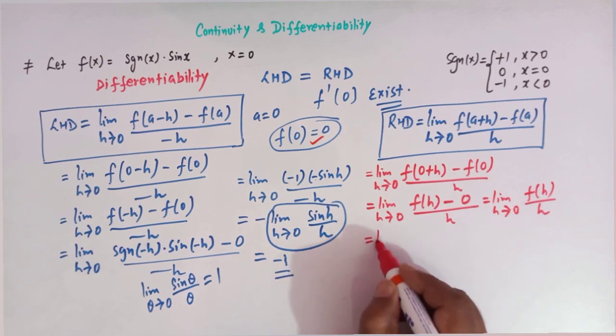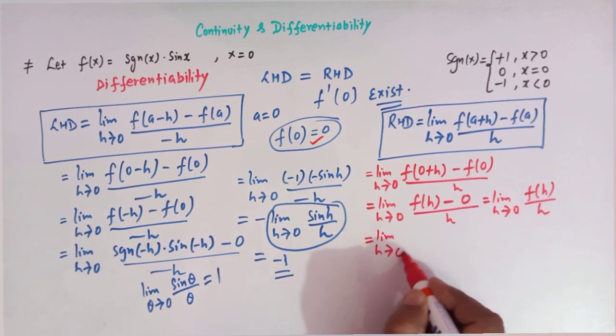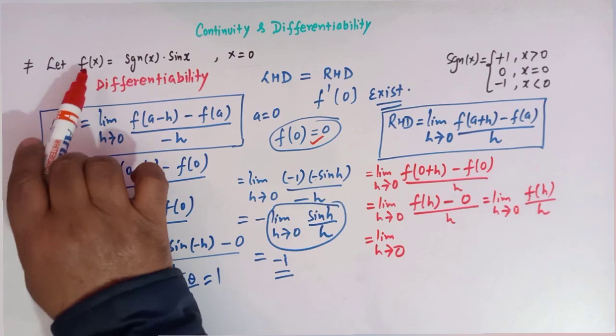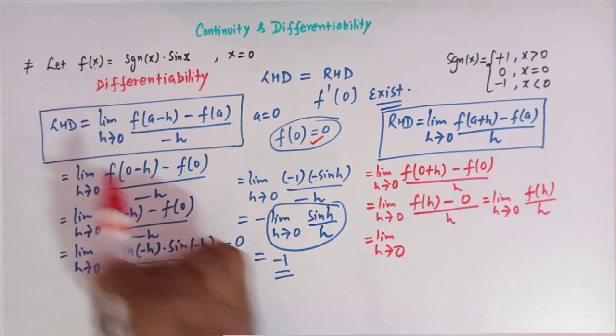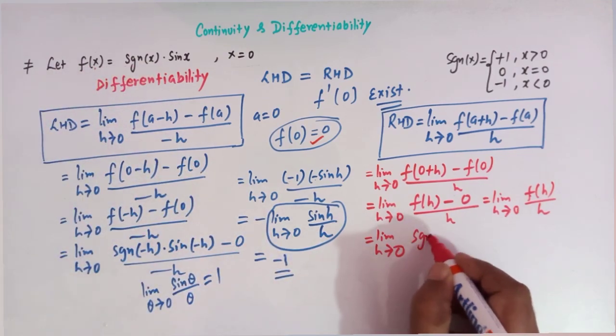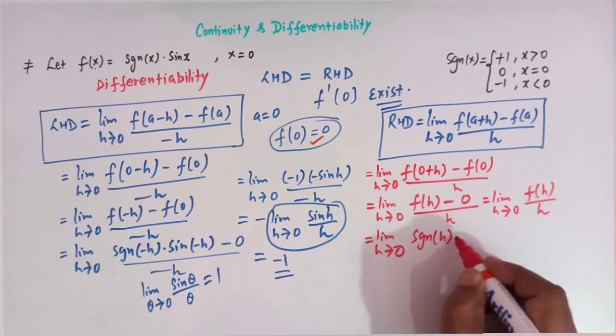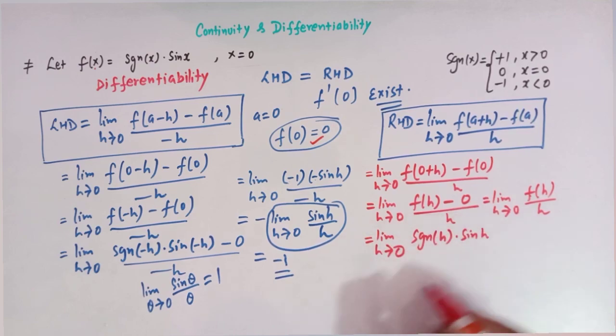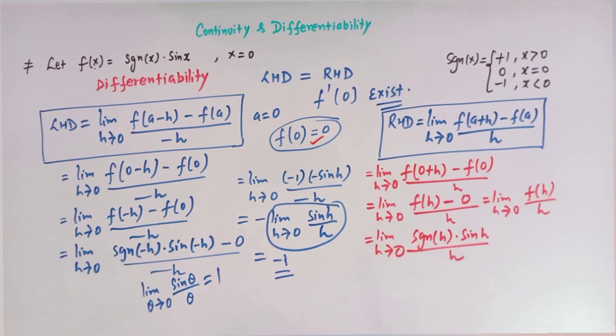Now f of h can be obtained from here by taking x equal to h. So we have signum of h, then sine of h, divided by h.